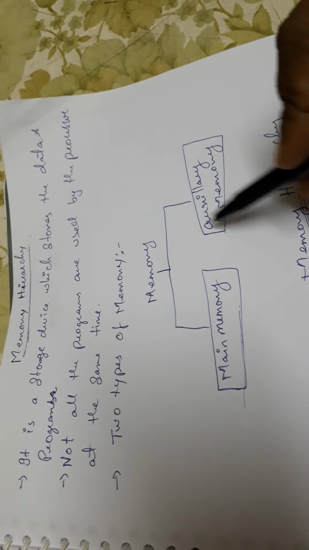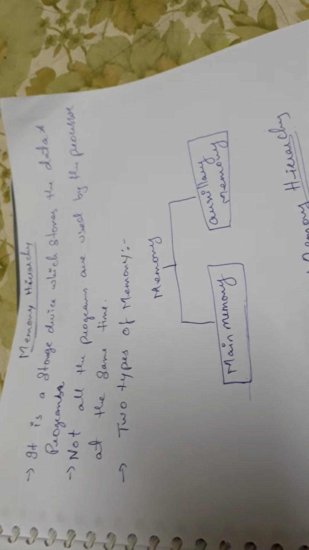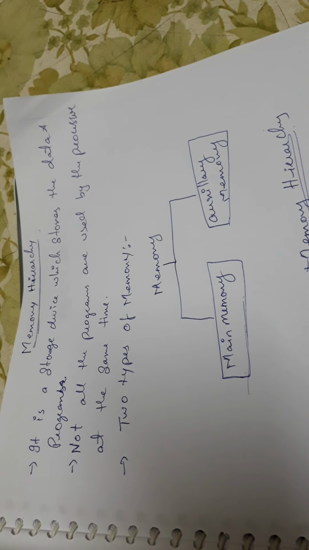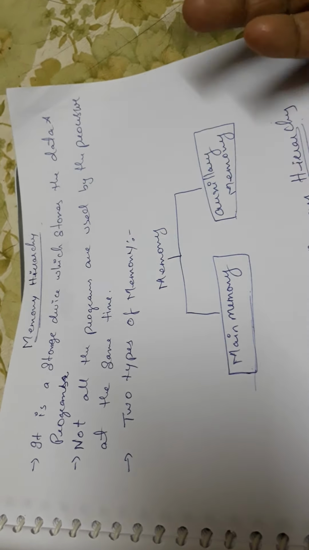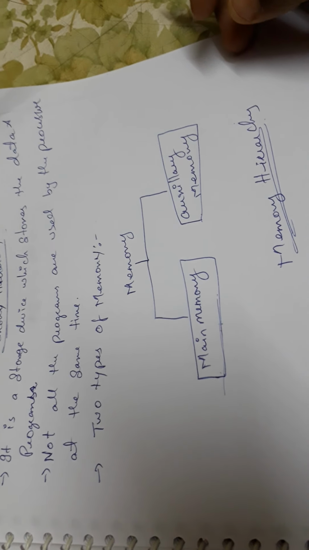Only the programs used by the processor at one point of time are saved in the main memory. The rest of the programs, which may be system programs or user programs, are present in the auxiliary memory. In other words, we can also call this primary memory and this secondary memory, which we are very much familiar with.